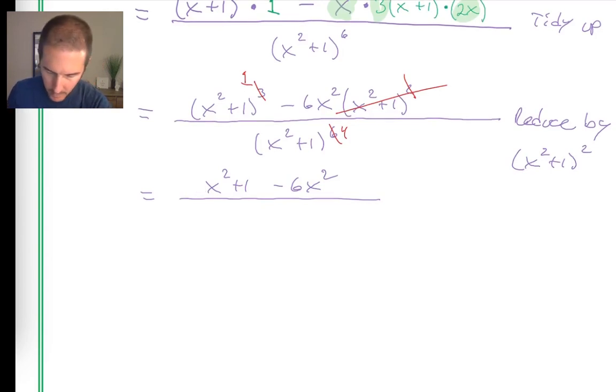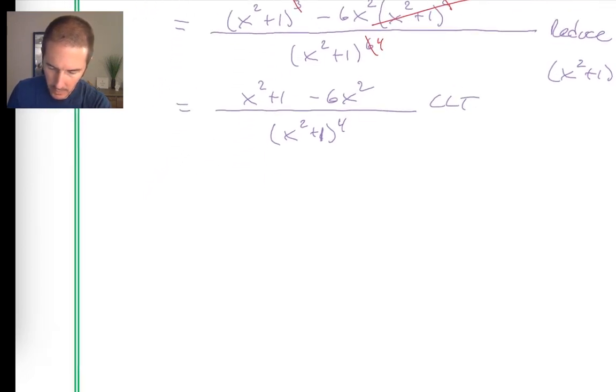And in the denominator, we still have 4 factors of x squared plus 1. In the numerator, we can combine like terms, and I think that's going to be about it. 1x squared minus 6x squared is negative 5x squared. The plus 1 is still there, and in our denominator, we still have these 4 factors of x squared plus 1.